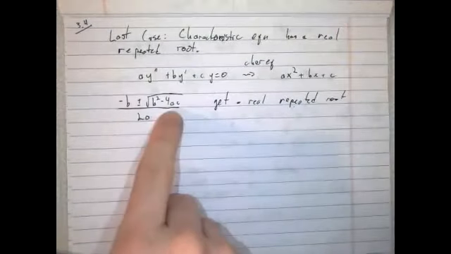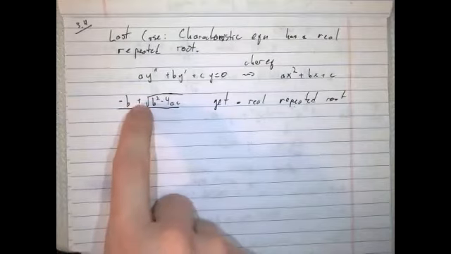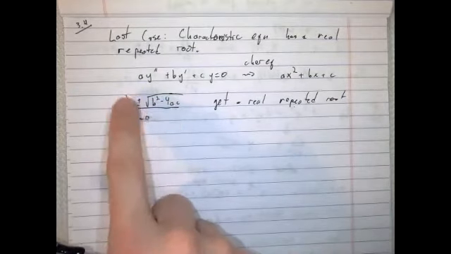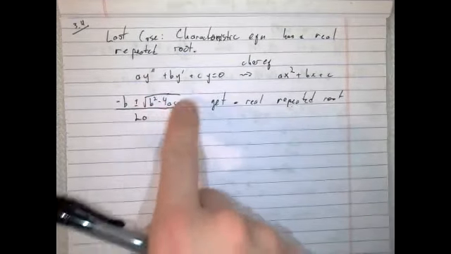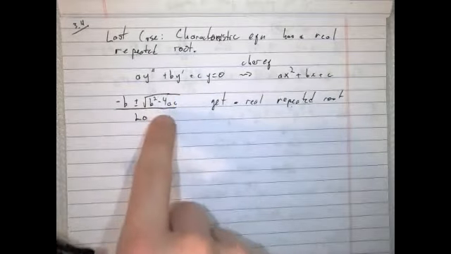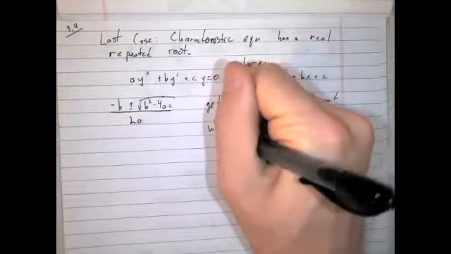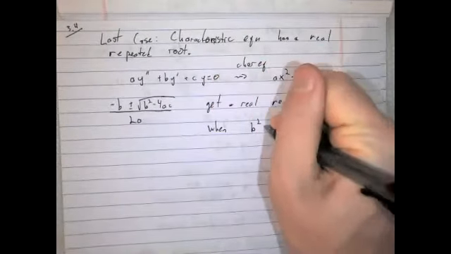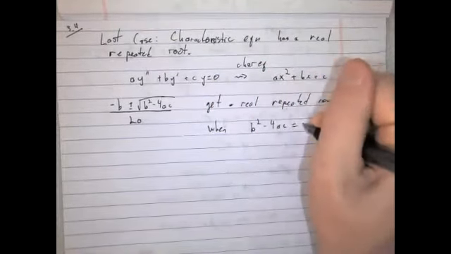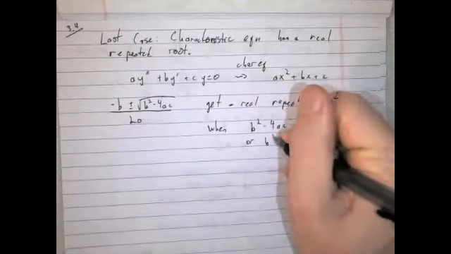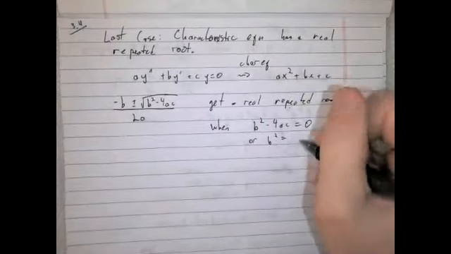Well, this will always give me two numbers unless the plus this and the minus this are the same, which means that this quantity needs to be 0. So we get a real repeated root when b squared minus 4ac is equal to 0, or b squared is equal to 4ac.